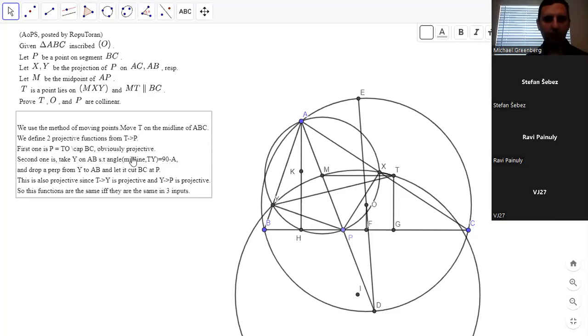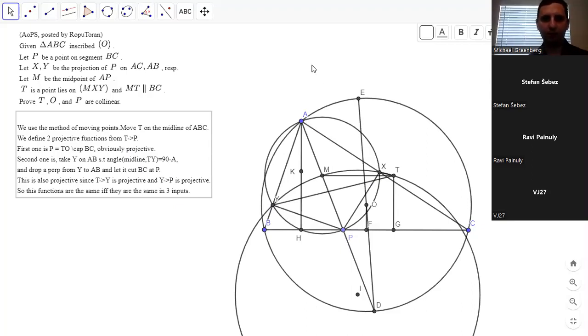So when you say midline, do you mean the angle that PY makes with AY? Turn it here from Y to AB, and let it cut BC at P. Okay, so you draw the midline of TY equals 90 minus A. Just trying to understand that.